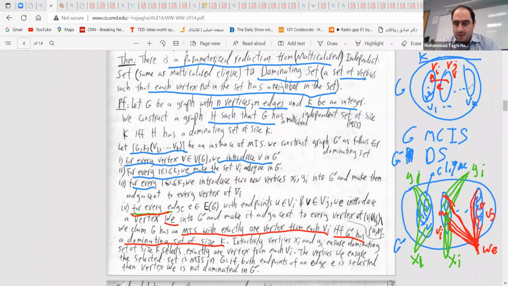Good. What is the main claim? The main claim is that, so we have K sets here.